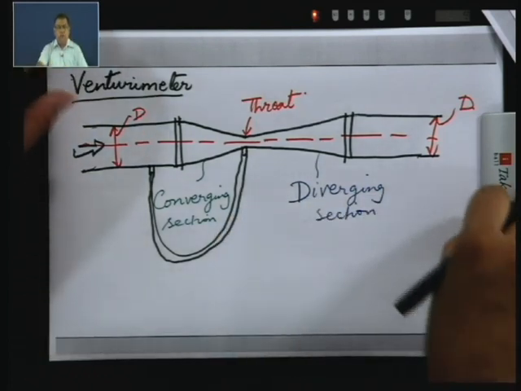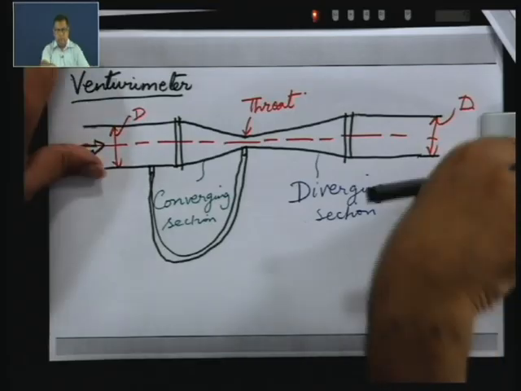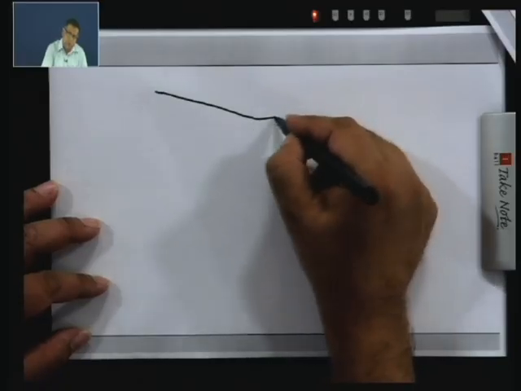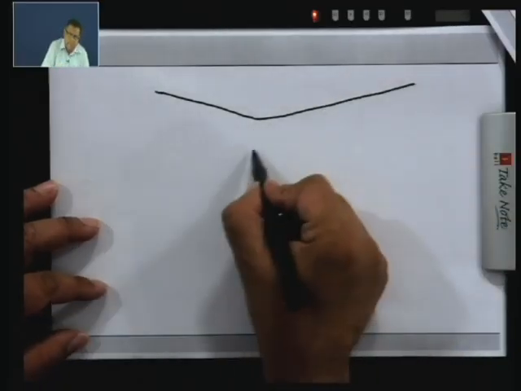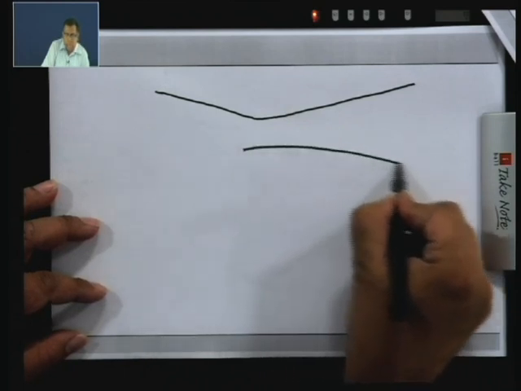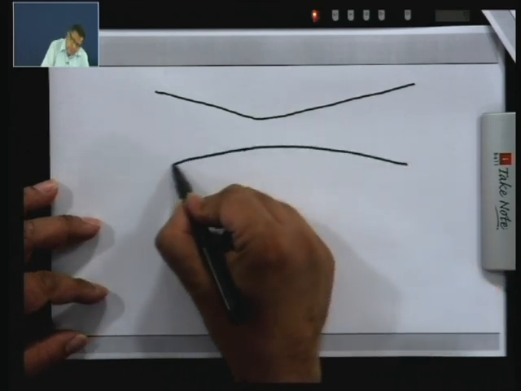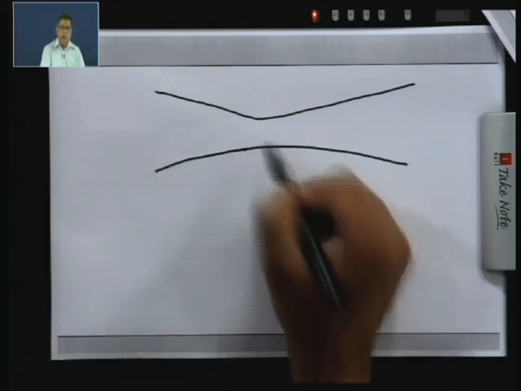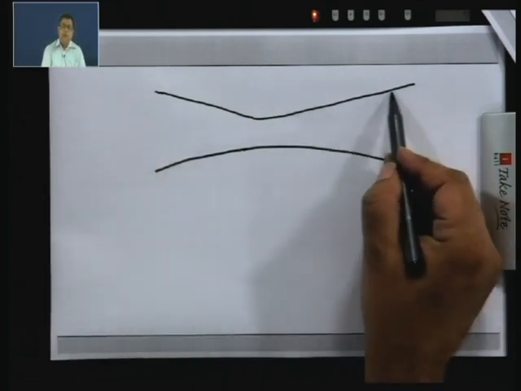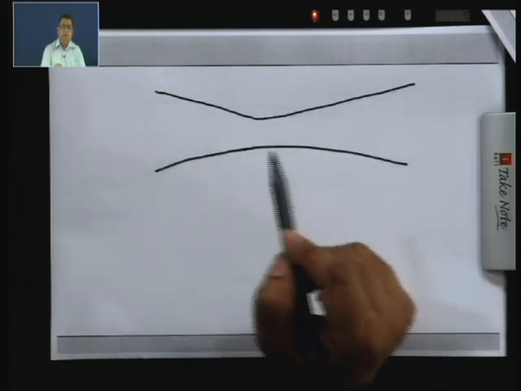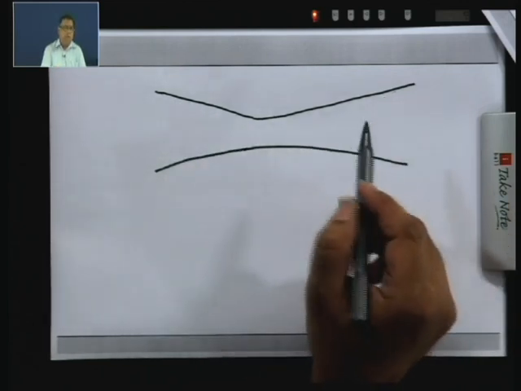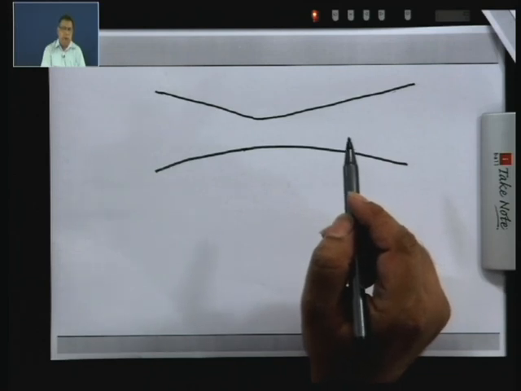So, I will draw another figure and show you how to make the measurement. Now, you may have noticed the way I am drawing this figure, that the angle of divergence is smaller than the angle of convergence, and the reason for that will be explained when we talk about boundary layer theory and flow separation.